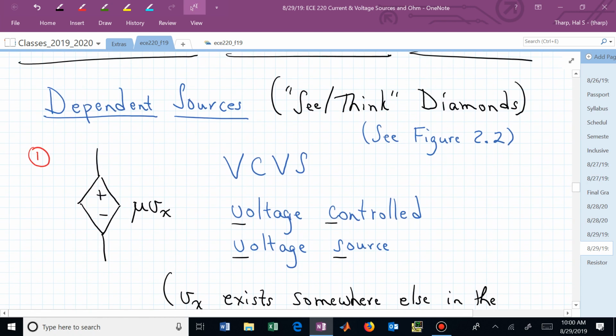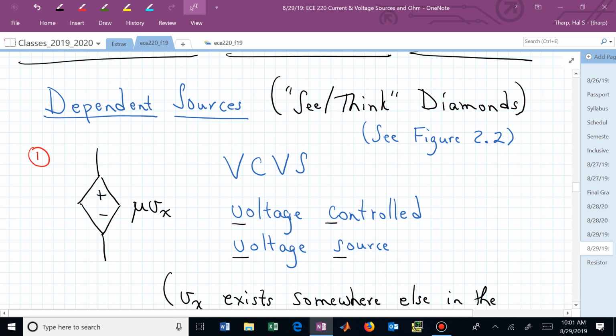Dependent sources. Now see or think diamonds. Our symbol to represent dependent sources will be this diamond shape. But it still has polarity labels. It is a voltage source, but in this case, it's a voltage-controlled voltage source.